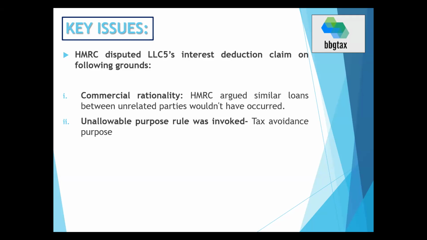That is, at times during an accounting period, the company is party to the loan relationship or enters into a related transaction in respect of the loan relationship for purposes which include a purpose which is not amongst the business or other commercial purposes of the company. To put it simply, the main purpose of the transaction would be tax avoidance. So this is what the unallowable purpose rule says. Then such a transaction will be disallowed.